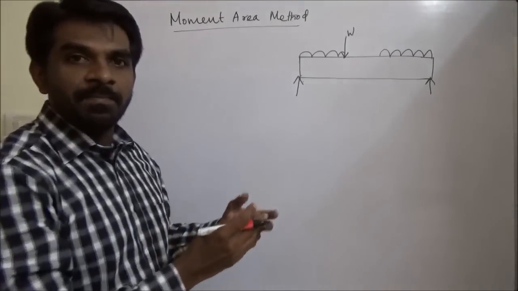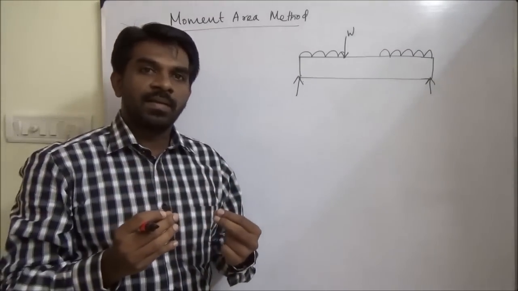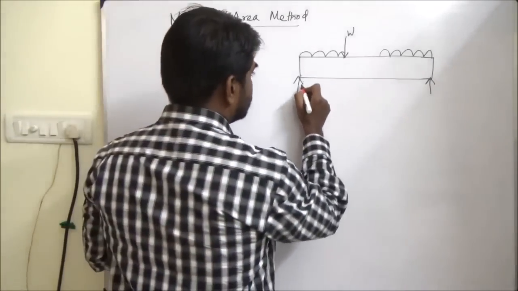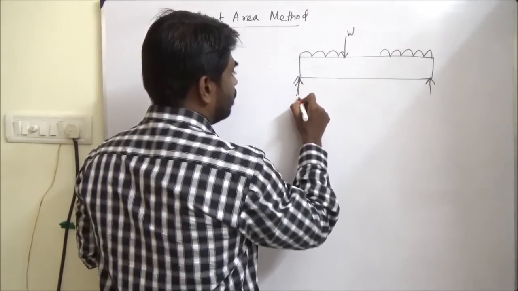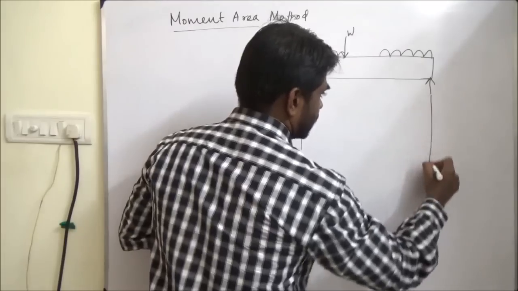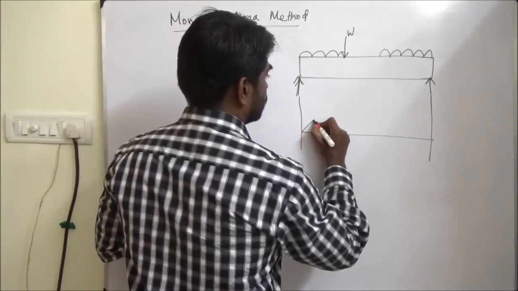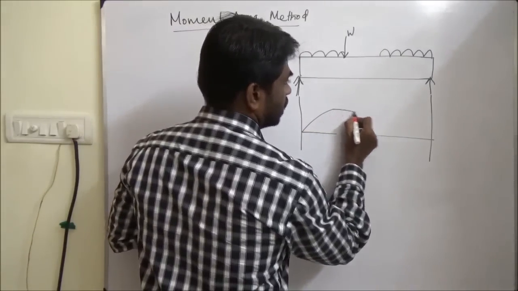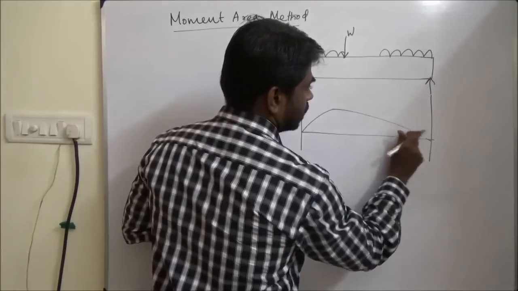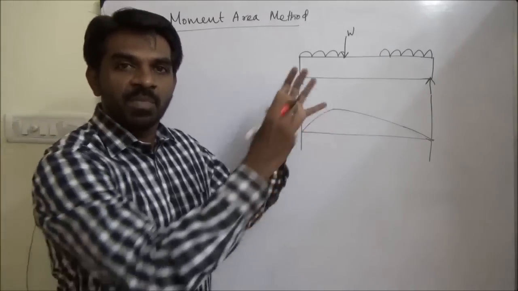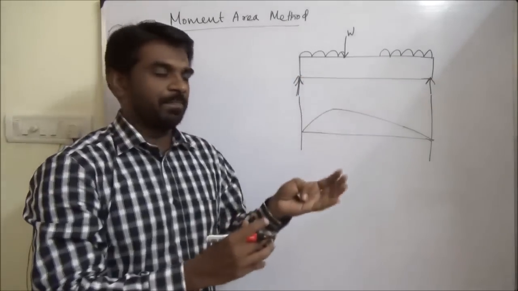So this beam will have a bending moment diagram. So if we roughly draw a bending moment diagram for this, let this be the bending moment diagram of this beam.